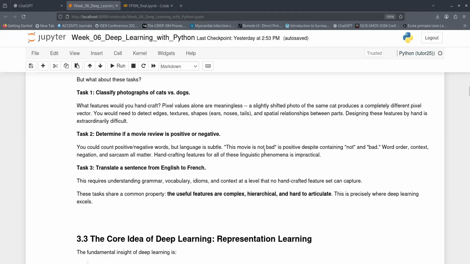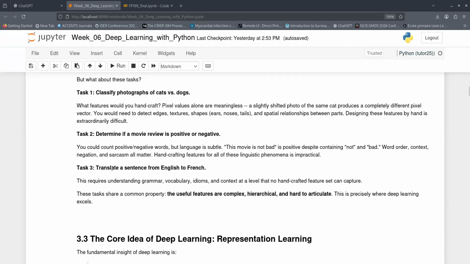"This movie is not bad" is positive despite containing the word "bad." Order, context, negation, and sarcasm all matter. Imagine all those elements. Handcrafting features for all these linguistic phenomena is impractical. So this is not tabular, this is not structured.